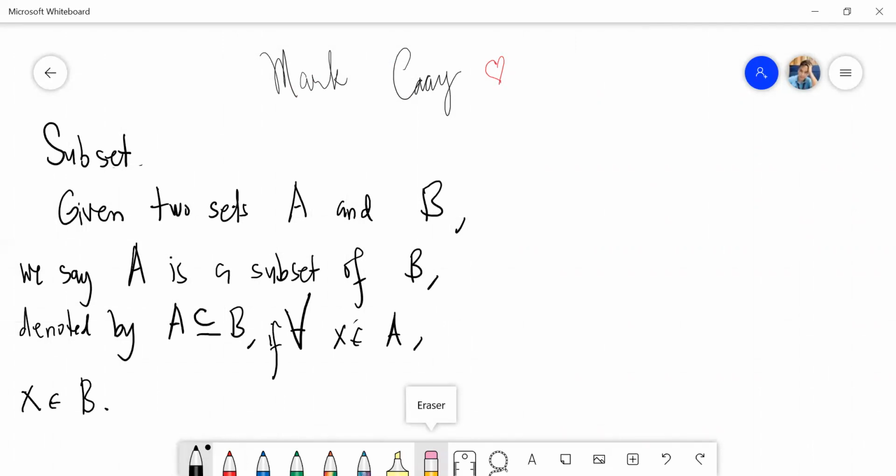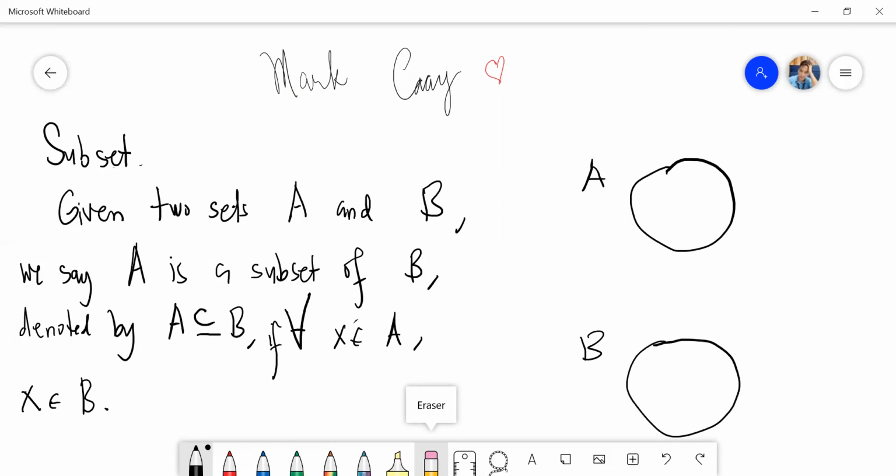So let us say, for example, you have set A here, another set, we have set B here. So if you find an element here, 1, 2, 3, you should find 1, 2, 3 to make sure that A is a subset of B. Regardless, you will find elements here 4 and 5, and A does not have 4 and 5.